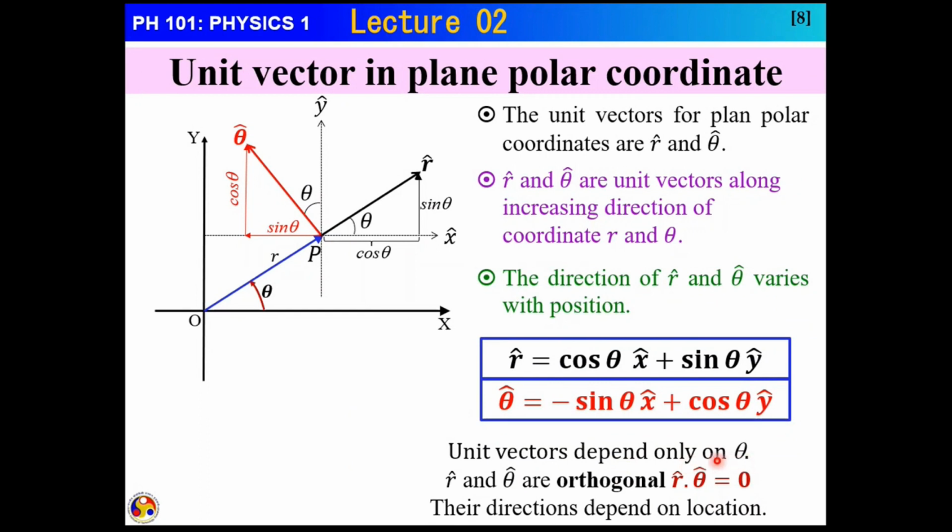They do not depend upon r. For example, if we are here and if we go here, the unit vector will be along the same direction. The unit vectors r cap and theta cap will not change. However, if we vary the angle, then unit vector r cap will also change and theta cap will also change.